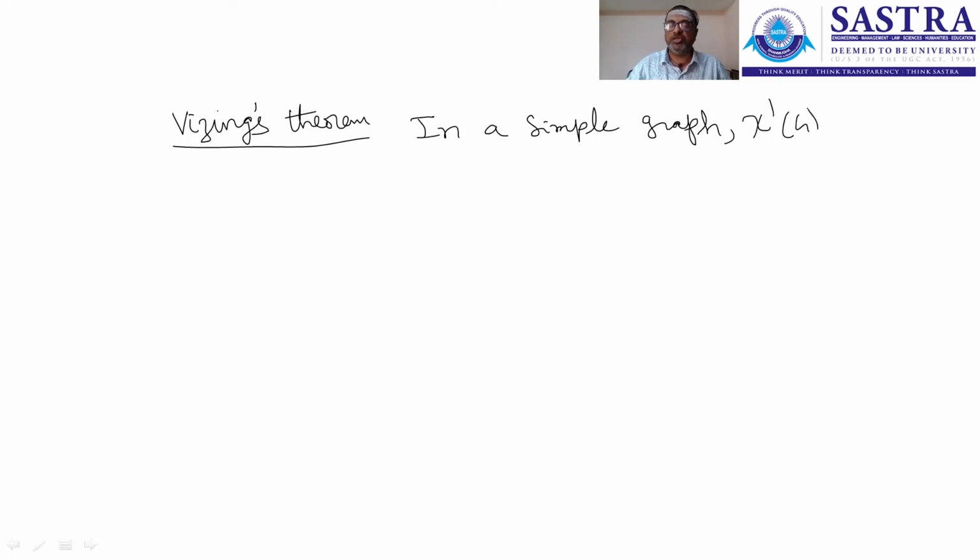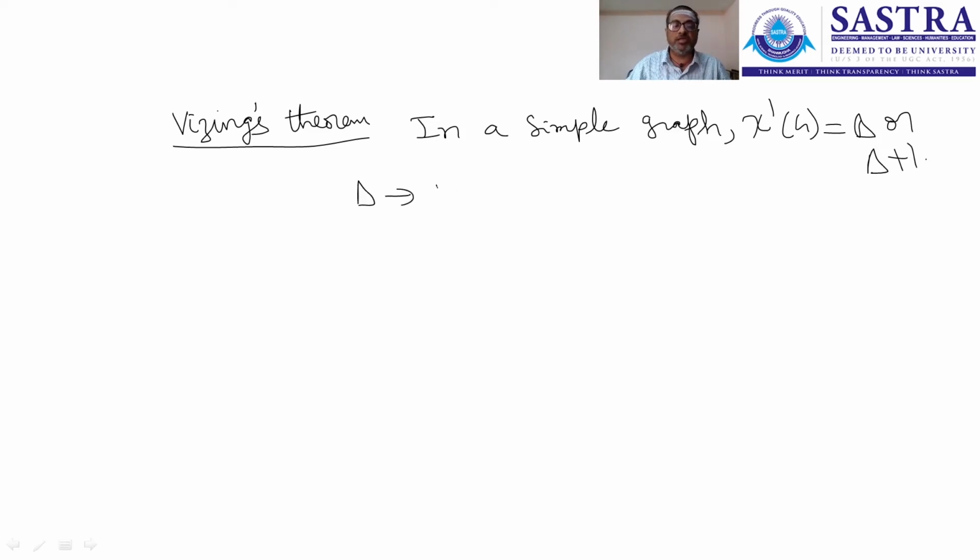So in this case, now I will state Vizing's theorem. But I will prove this later. What does this Vizing's theorem say? In a simple graph, chi dash of G is delta or delta plus 1. What is this delta?